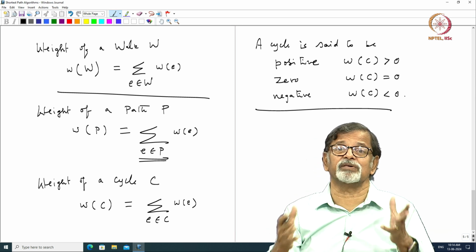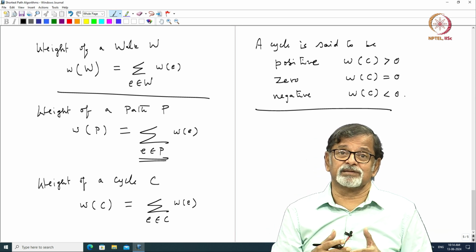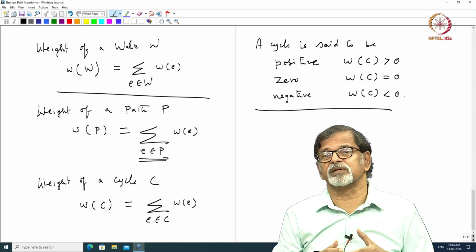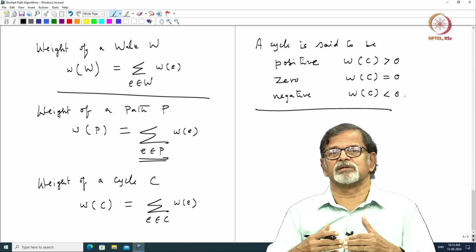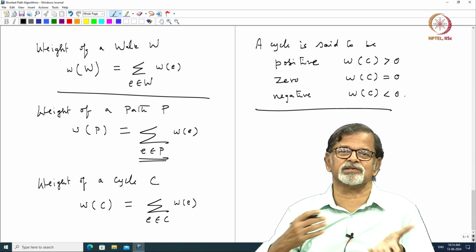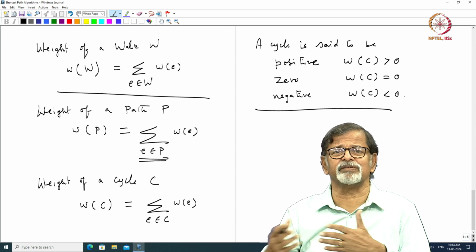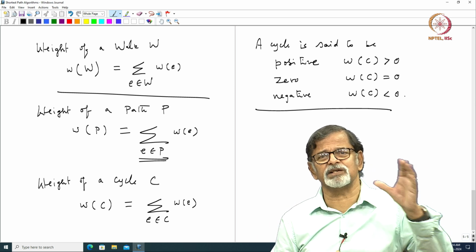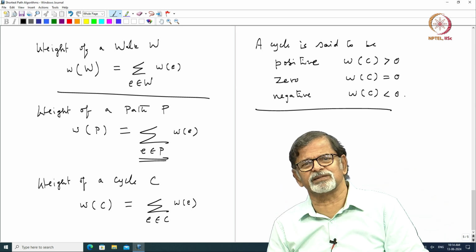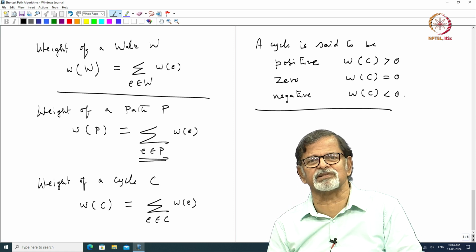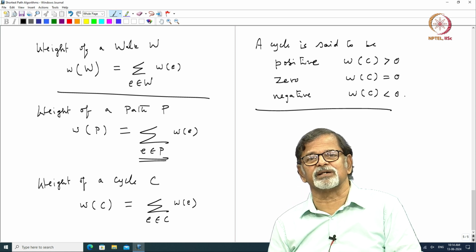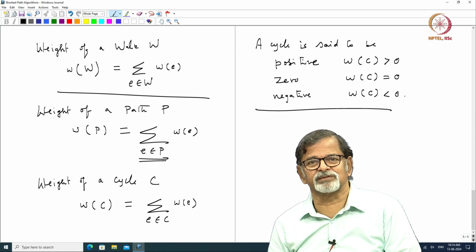So once you have a weight associated with an entity, you can compare which path is longer, which path is shorter. Compare the weights. So each path has got a number associated with it. You can use it to find out which is shorter.